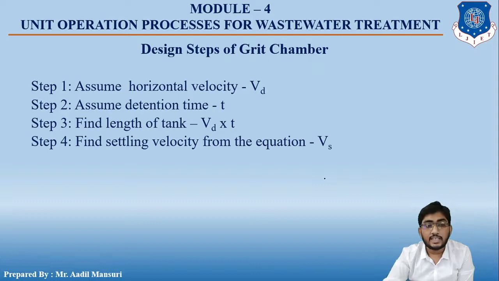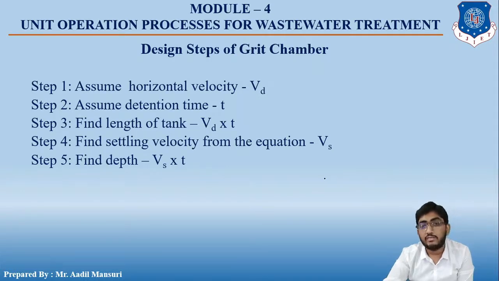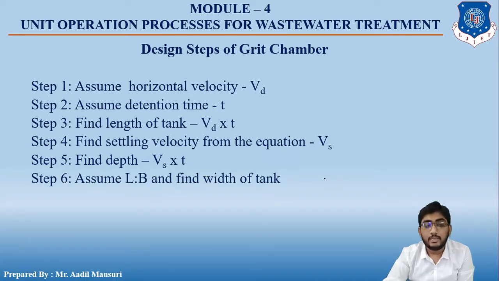Next step is to find settling velocity from the equation of Vs. Then step 5 is to find the depth. Once you know the settling velocity and we know the detention time, then we can find out the depth. Next step is to assume length to width ratio and find out the width of the tank.